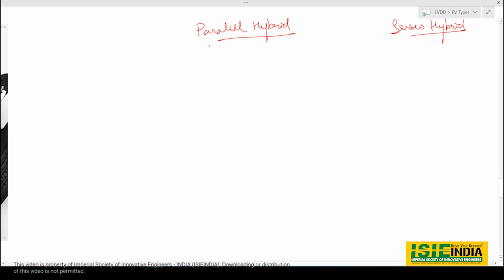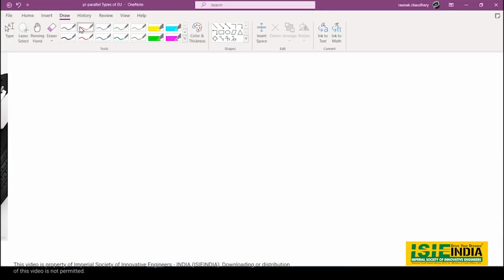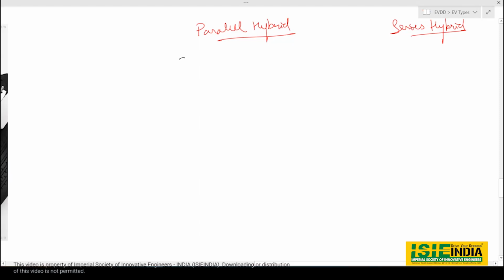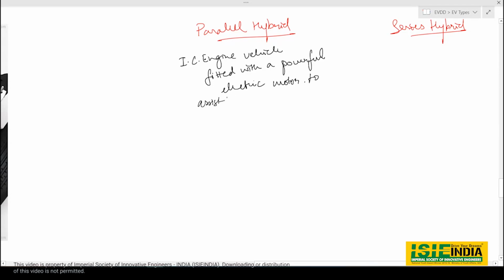Parallel hybrid is basically an IC engine vehicle fitted with a powerful electric motor to assist the engine.